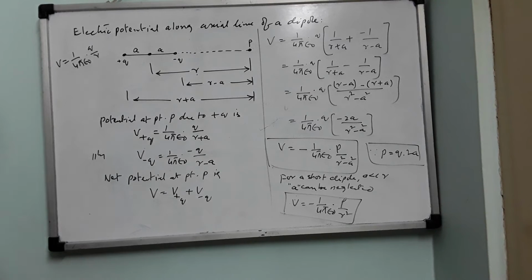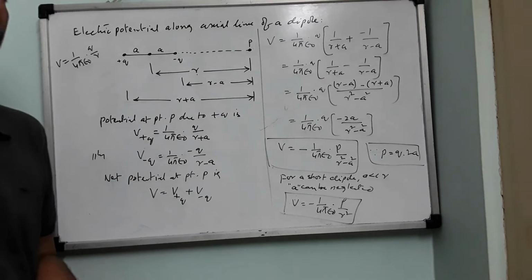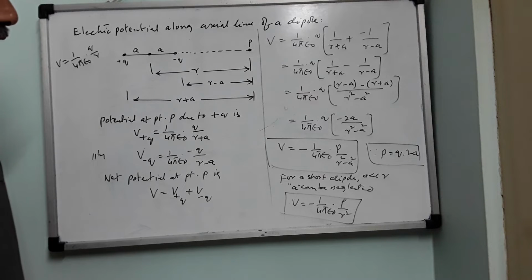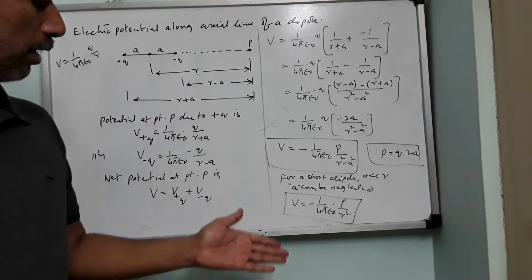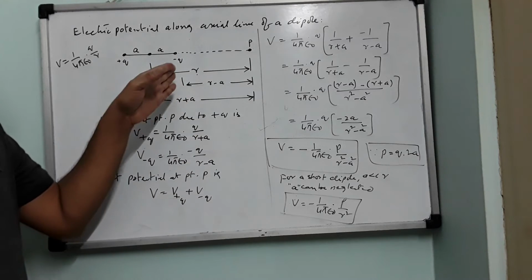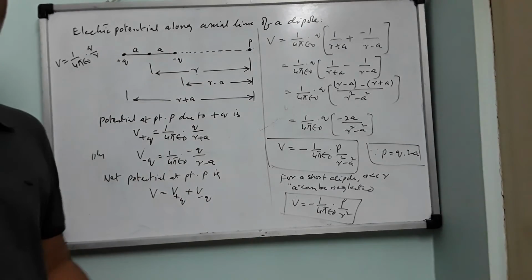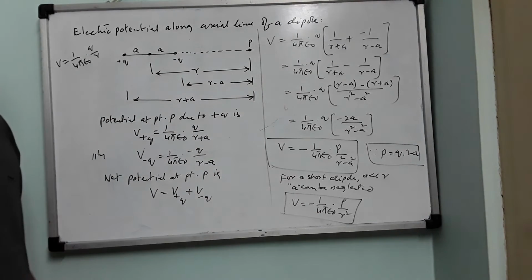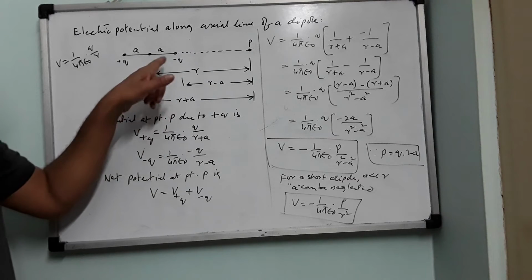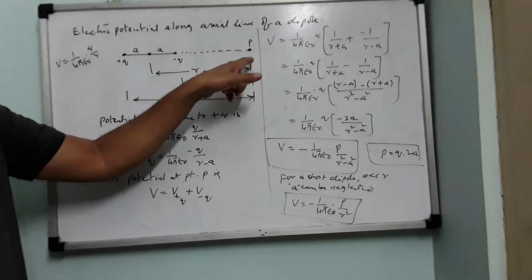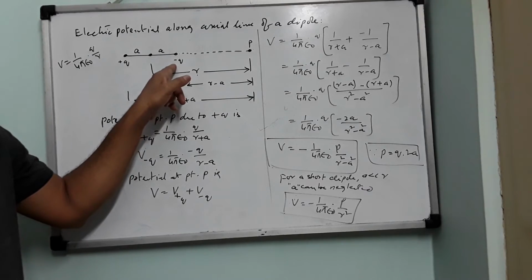Okay, so you have taken a system of equal and opposite charges, plus q and minus q, which is called an electric dipole. But you see that the electric potential due to minus q is dominating here. That is why you are getting a negative sign. You are getting a negative sign because you have chosen point P very close to minus q.